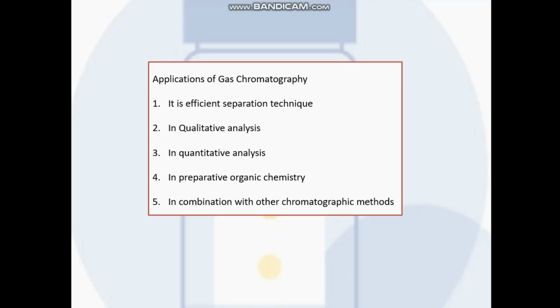Then next, GLC provides an excellent means of confirming the presence or absence of a component in a mixture of organic compounds. After recording the chromatogram of a particular mixture, a certain component suspected to be present in the mixture is added to it.